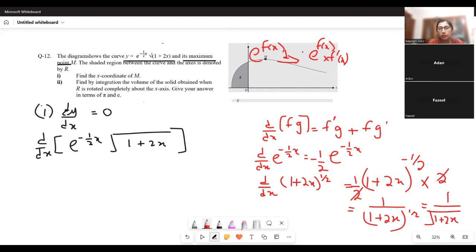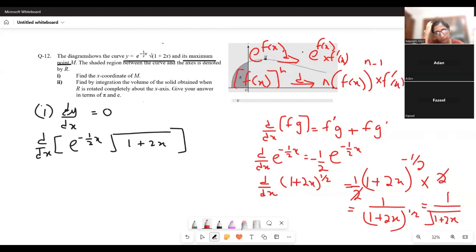The rule used here is that if you have a function with a power on it and you have to differentiate it, then it's n f(x) power n-1 times f prime x.